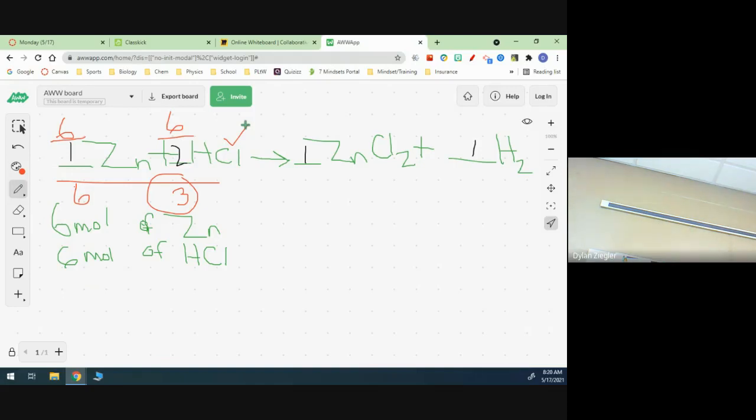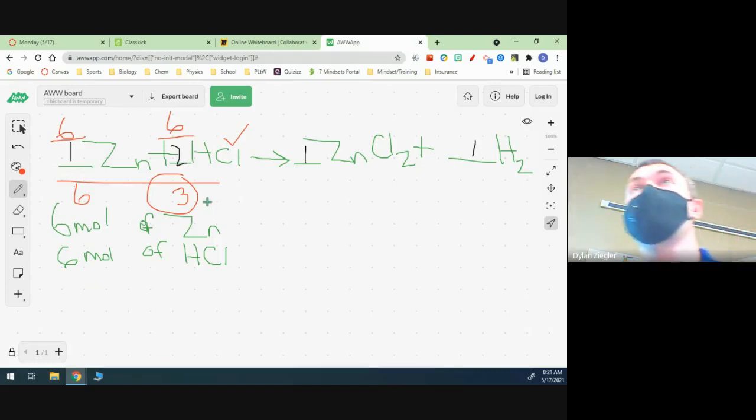Bonus question, what if I wanted to find out how much hydrogen I could make? How much hydrogen could I make here? What do I do? If I use the periodic table, that can tell me how many grams. I'm just looking for how many moles of hydrogen I could do.